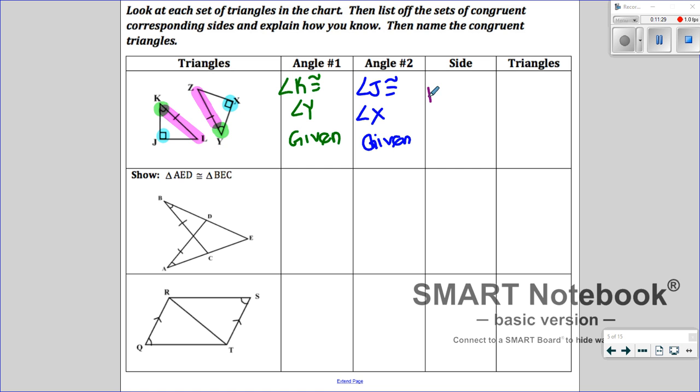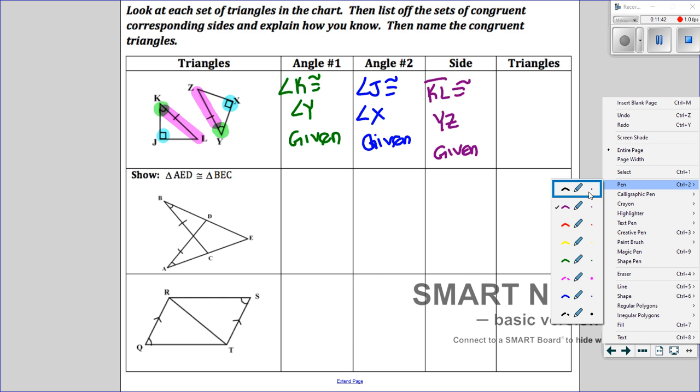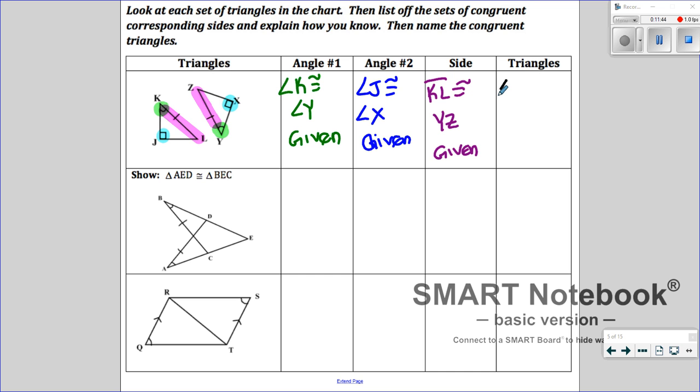That will be KL is congruent to YZ. And that's given. And now I can prove that the two triangles are congruent to each other, so I have triangle KJL is congruent to triangle YXZ, and it's because of angle, angle, side.